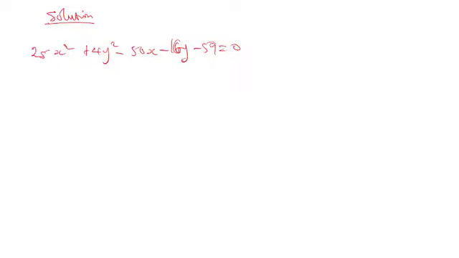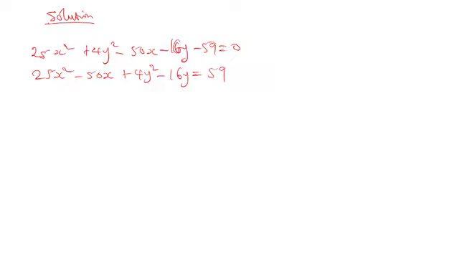With this, I would like us to take the constant term to the other side, because the first question is for us to present the equation in a conical form. So the next thing is 25x squared minus 50x plus 4y squared minus 16y equals 59.